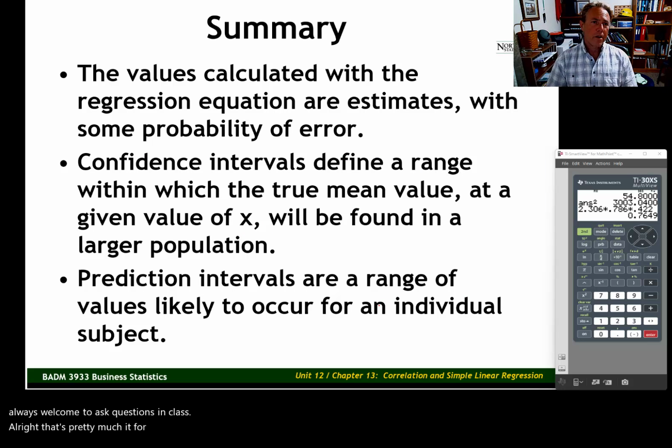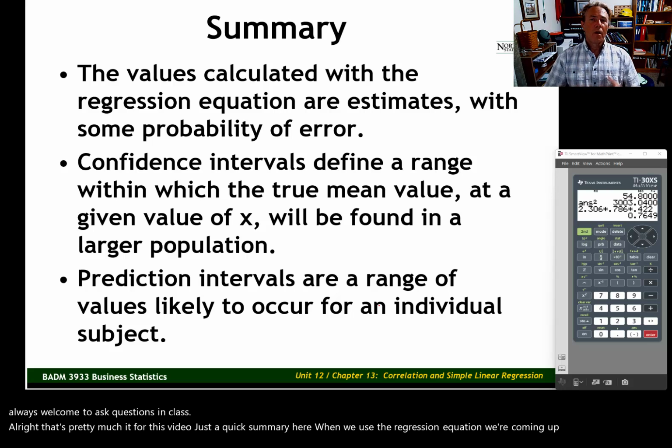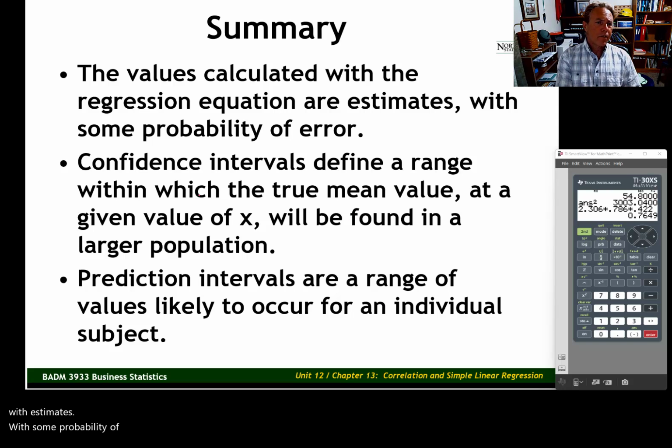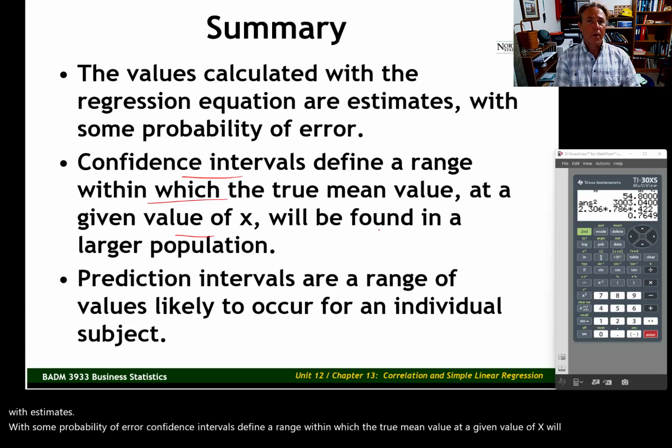Just a quick summary here. When we use the regression equation, we're coming up with estimates with some probability of error. Confidence intervals define a range within which the true mean value at a given value of x will be found in a larger population.